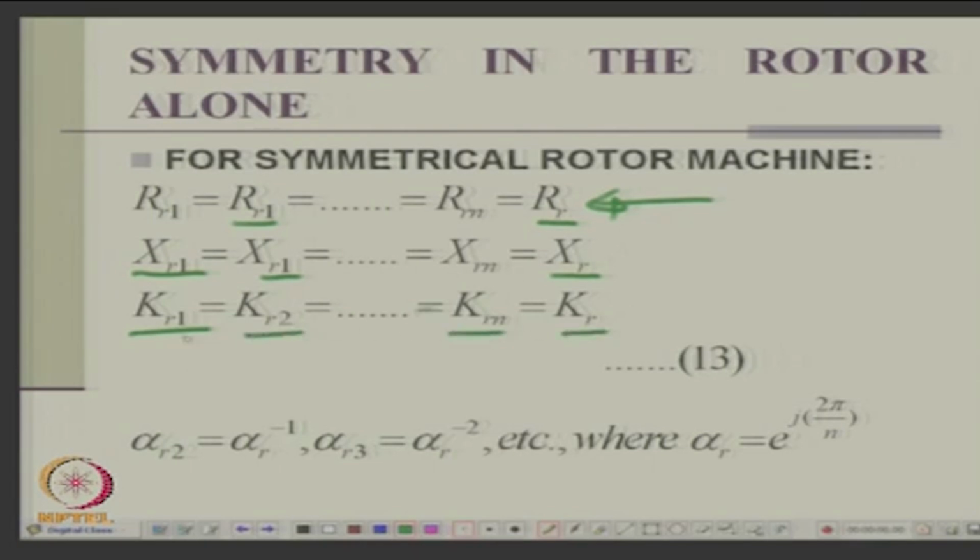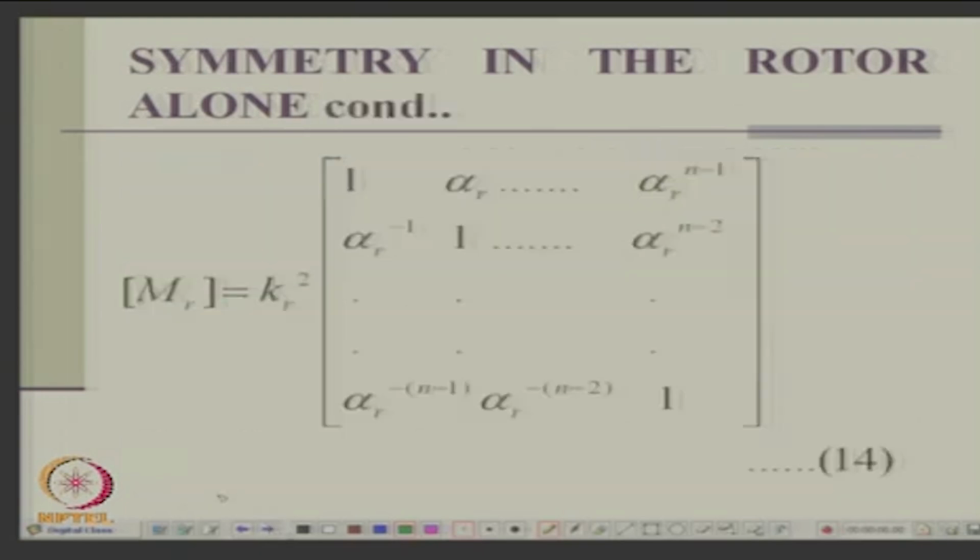The phase displacement will be equal, so alpha r will be e to the power 2 pi by n, is it not? If it is a symmetrical n phase machine, theta will be 2 pi by n and alpha will be e to the power of j 2 pi by n. That will be the angle of the different windings.